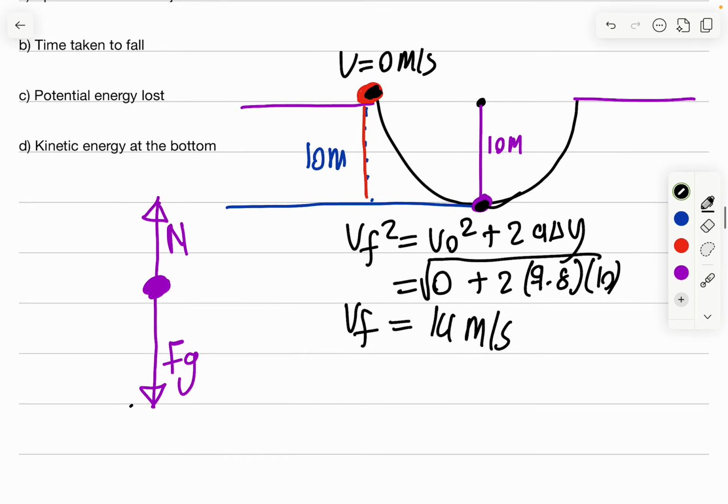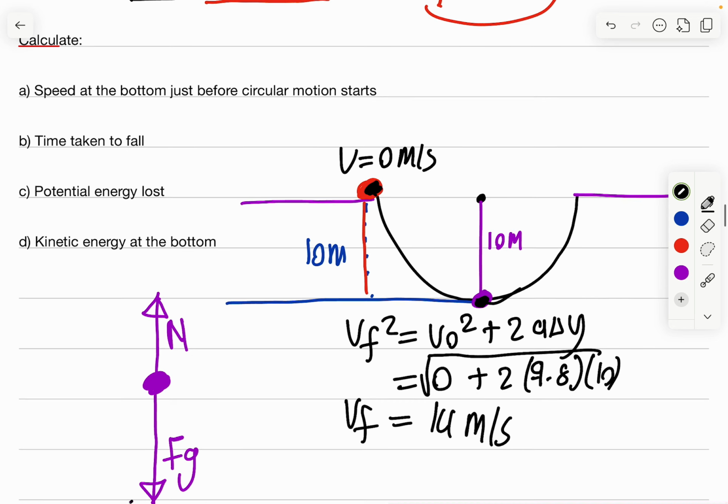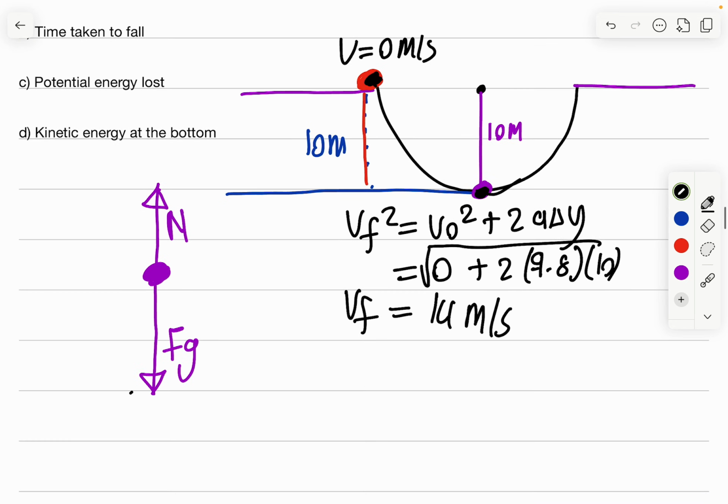Understand? They say calculate the time taken to fall, the time from here to here. We are going to use, this is A, this is B. The time, we know velocity final equals velocity initial plus acceleration times time. Understand? Because free fall happened there. It was moving under the influence of force of gravity.